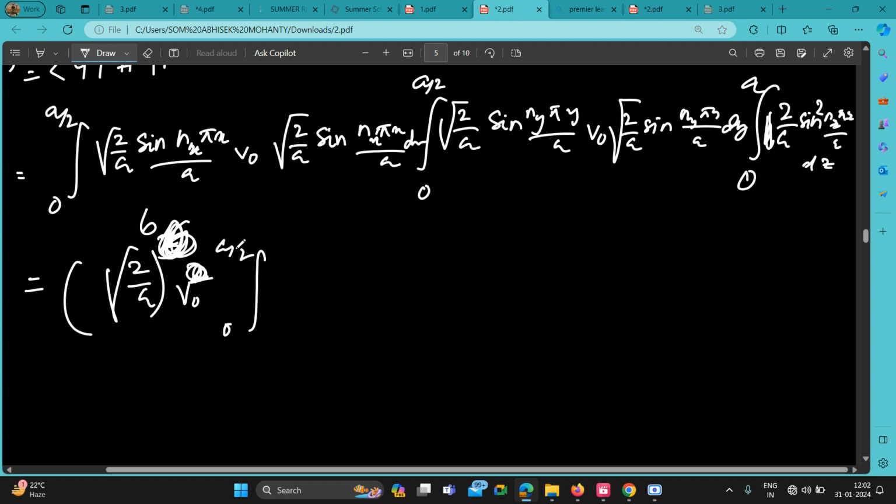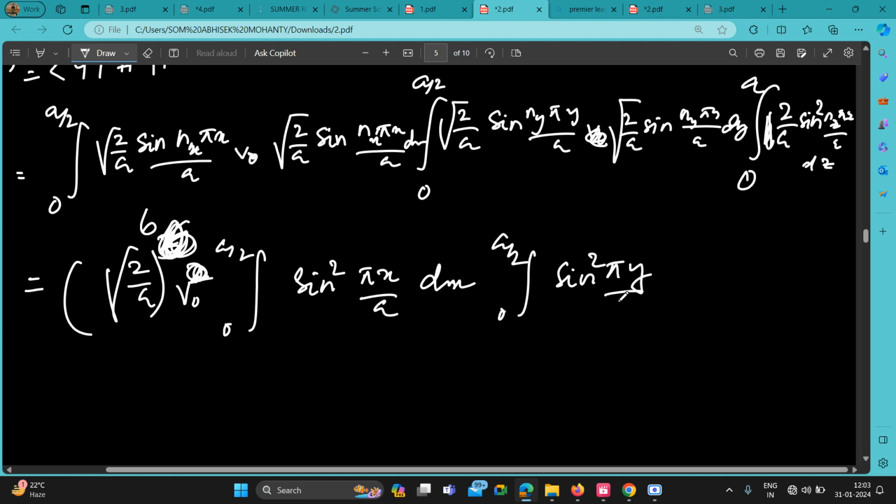Oh no, V naught will be only once, in the whole integration. So sine square pi x by a. This is the ground state, so nx, ny, nz are 1. Dx, and 0 to a, pi z by a. So this is what it is.